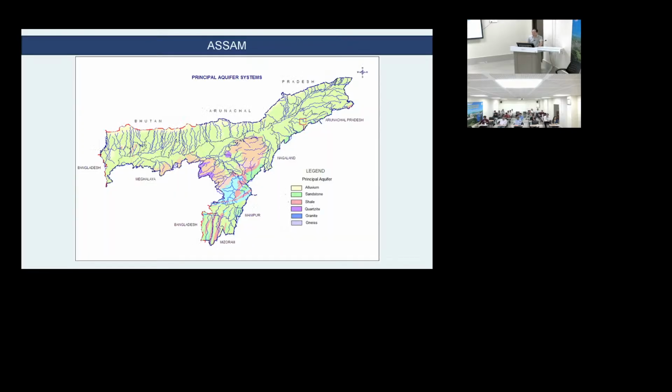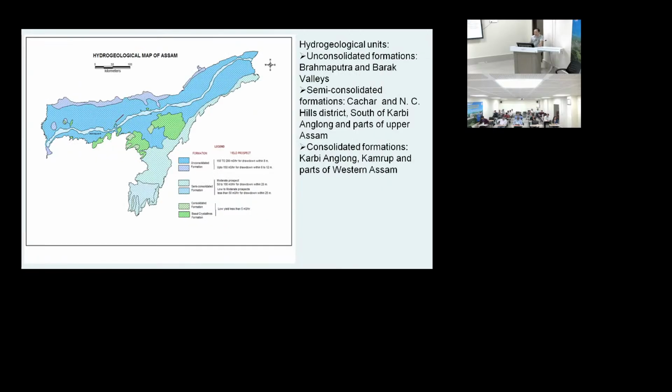So most of Assam is covered by alluvium and sandstone. The Brahmaputra Valley is mostly underlain by alluvium formation. In some parts, you can find granite, gneiss, quartzite, and shale also. This is the hydrogeological map of Assam.